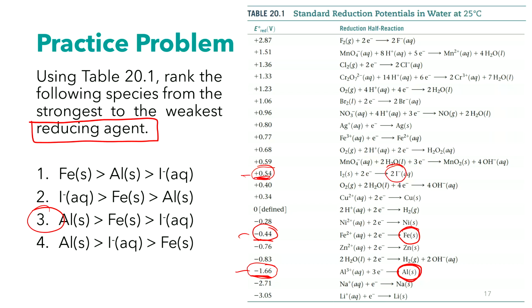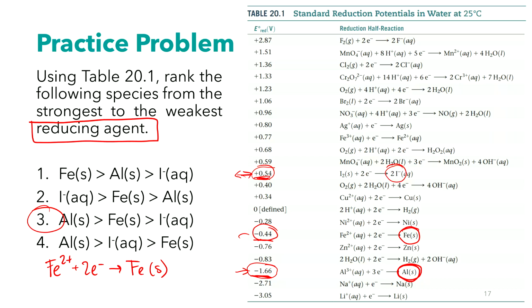So another way of phrasing this is I could say if I had iron 2 plus and I wanted to make solid iron, which one of those reactants could I use to make this process happen? So let me write my options down here.